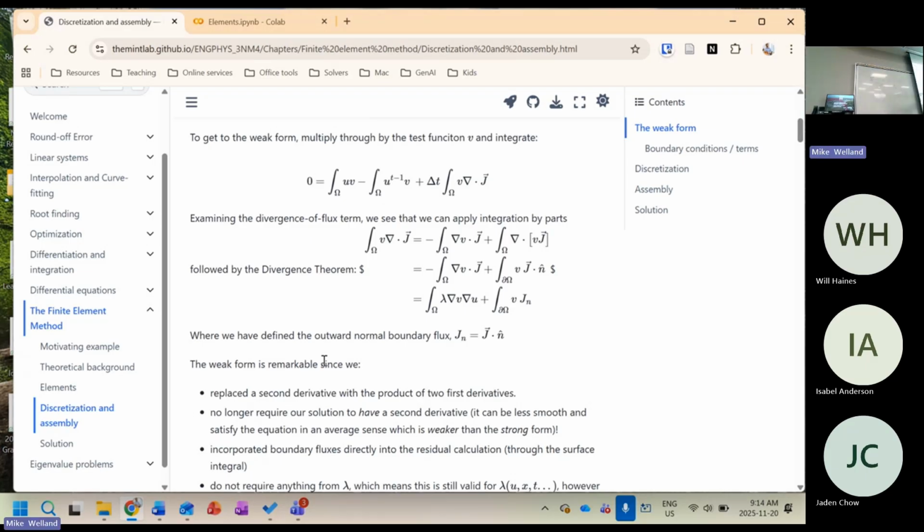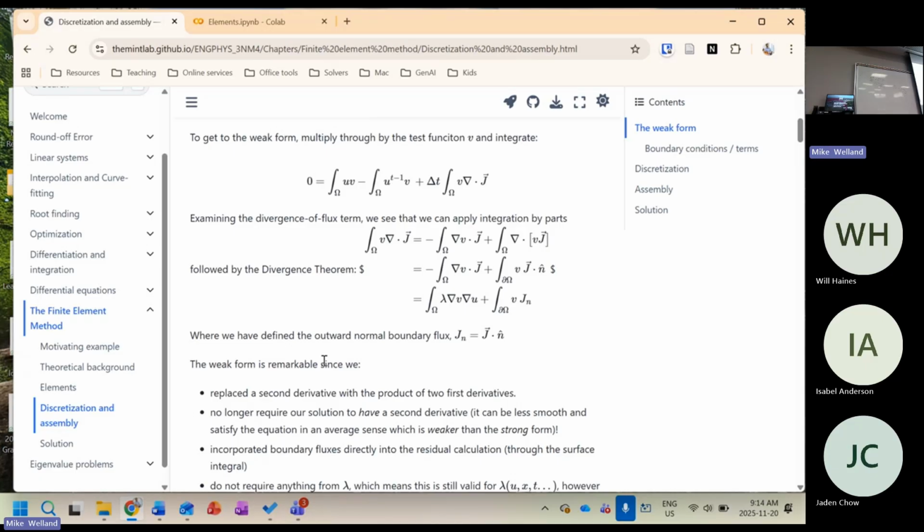Up here, right, if we write out what J is, lambda grad U. Sorry, I'll update this for tomorrow. Here we have two derivatives on U, right? Because we've got divergence of lambda times the gradient in U, two derivatives.